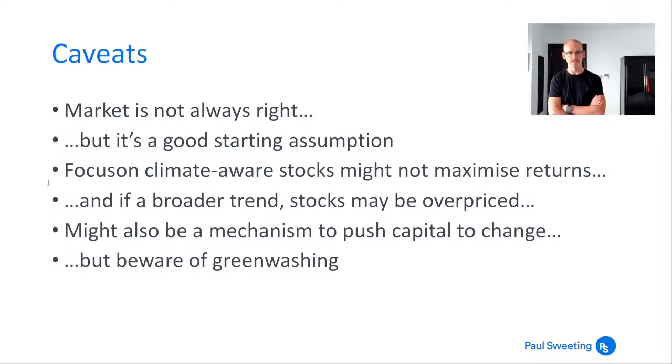A lot of active managers do struggle. So trying to work out why the market is wrong is difficult. Now, if we think the market is right, that must mean as a starting point that its assessment of which stocks will on average benefit and lose from predicted changes in the climate is a reasonably good starting point. So focusing on climate-aware stocks might not maximise returns.